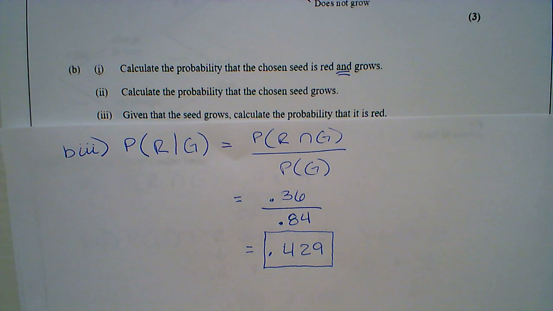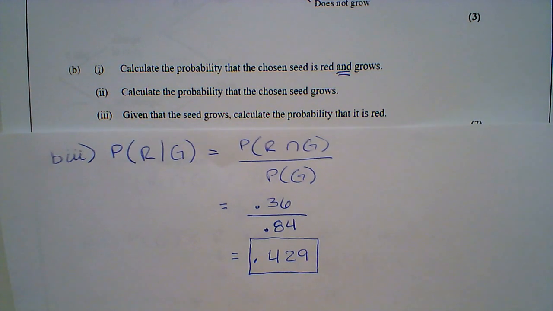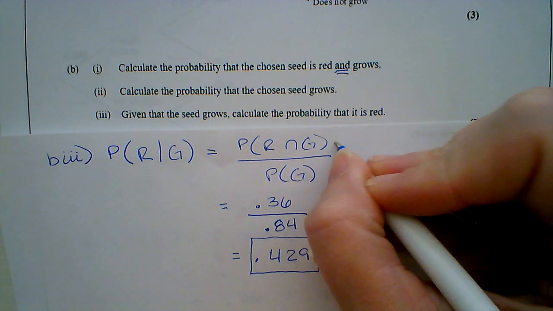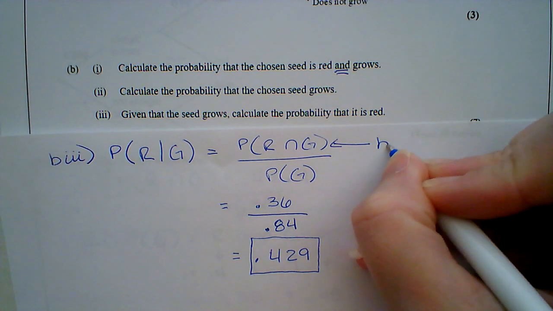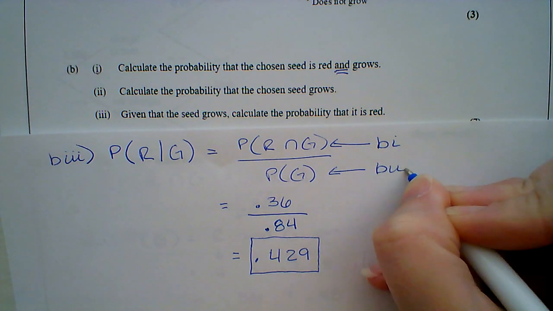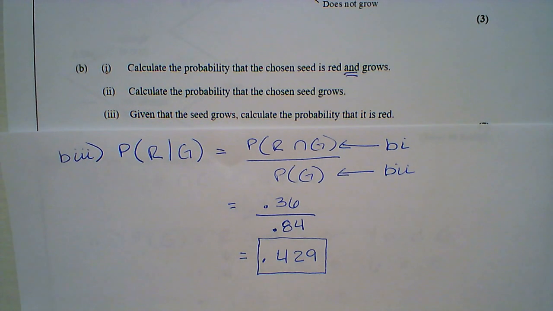That probability is going to be 0.429. And there's my third part. And again, notice this top piece came from part B I. That came from part B double I. So IB actually had me do all the pieces, so I didn't have to do the work twice. Thanks, IB. Awesome like that.